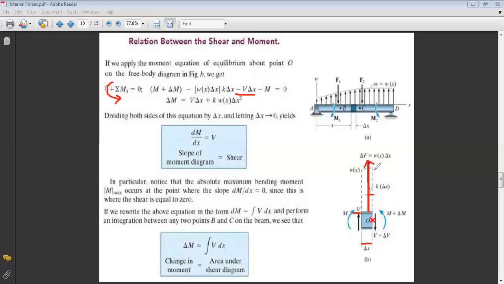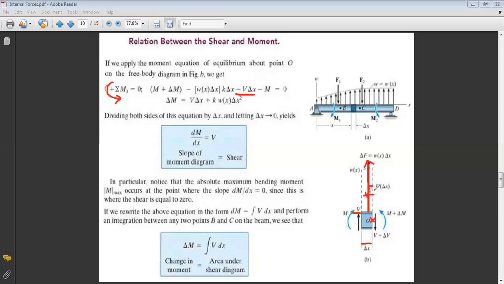If I consider that I have taken a very small element, k will be close to half, because for a rectangle, it is just at the middle. So if I assume that delta x is very small, I can take it at the middle of this small part, and then the distance will be nearly delta x over 2, okay?